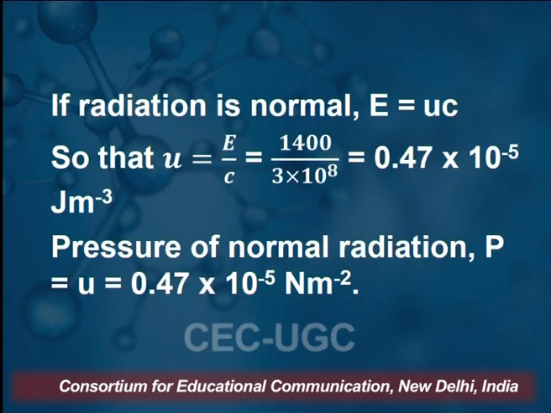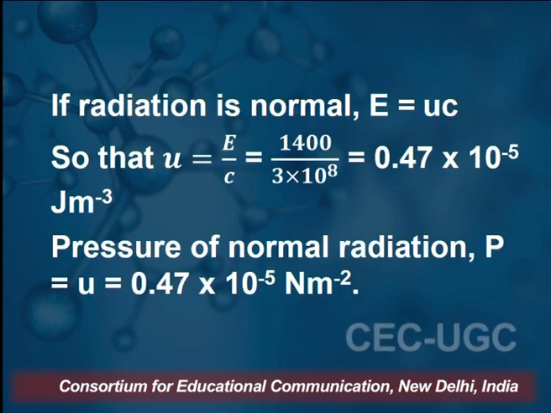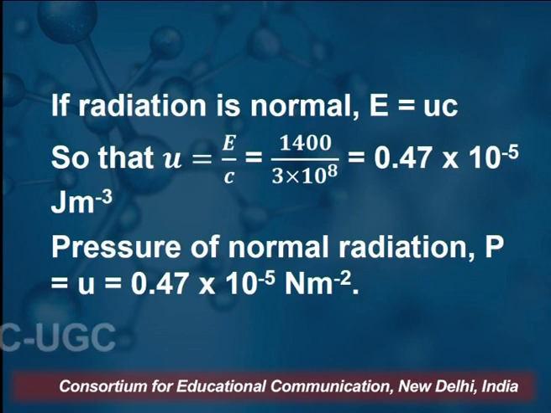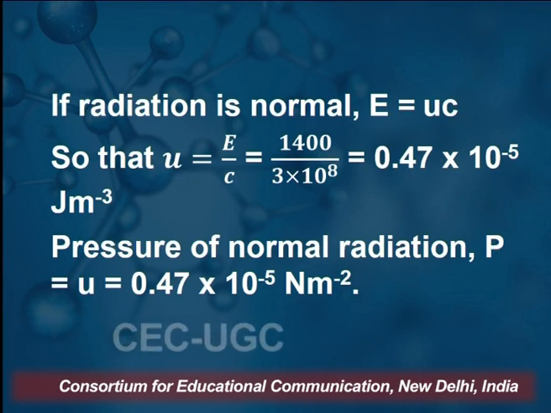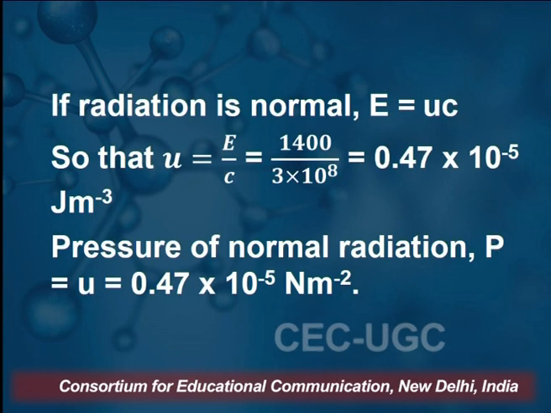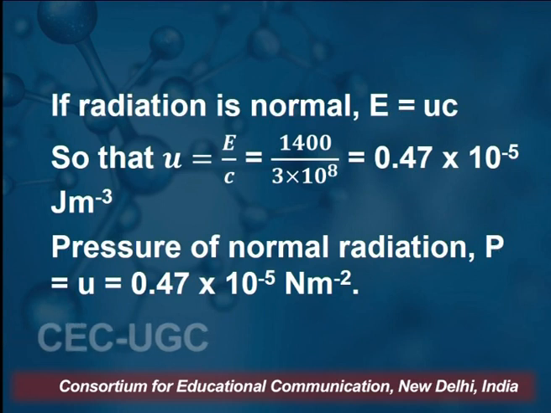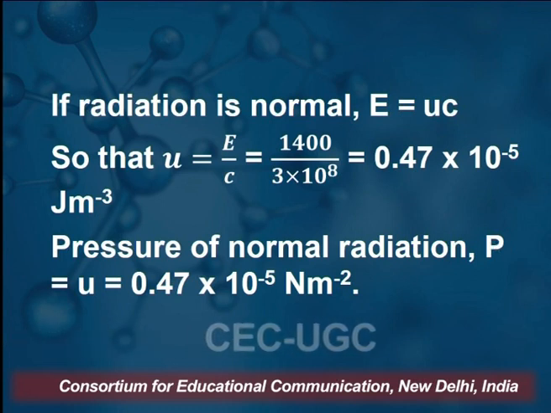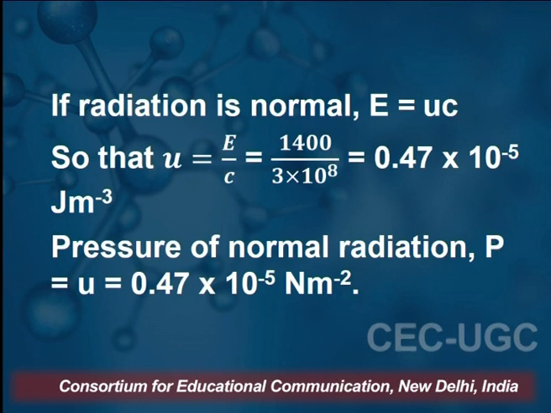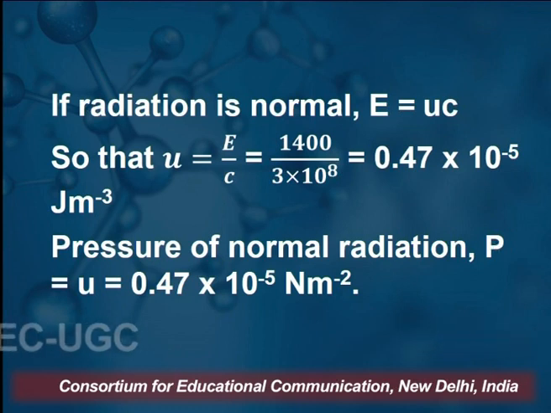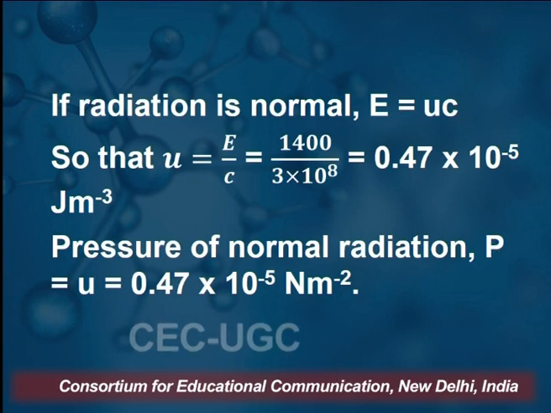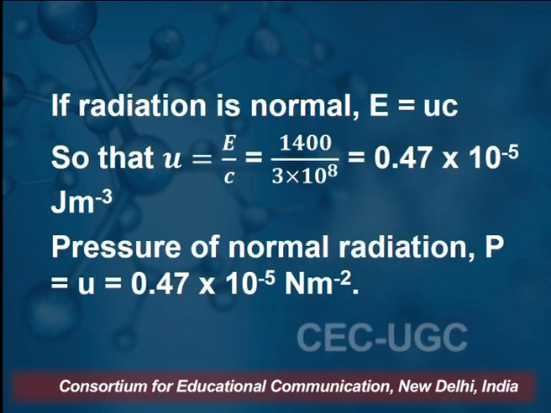This was if the radiation is diffuse. What if the radiation is normal? If the radiation is normal, then E is equal to uC. It is not uC by 4. So, we have u is equal to E by C. Substituting, we get u equal to 0.47 into 10 to the power minus 5 joules per meter cube.